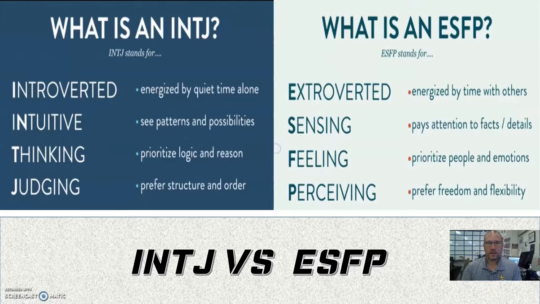So here we go. Made a little chart. INTJ, like I said, introverted, intuitive, thinking, judging. And the complete opposite of me would be an ESFP, which is extroverted, sensing, feeling, perceiving. So two totally different types of personalities within the 16 personality spectrum.